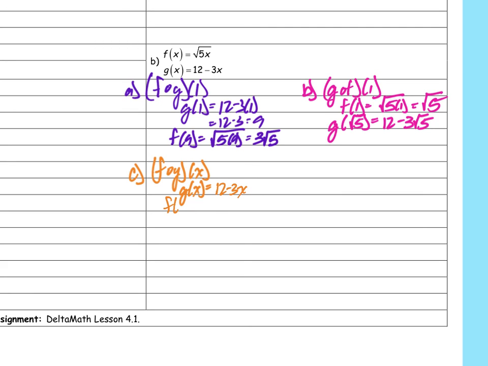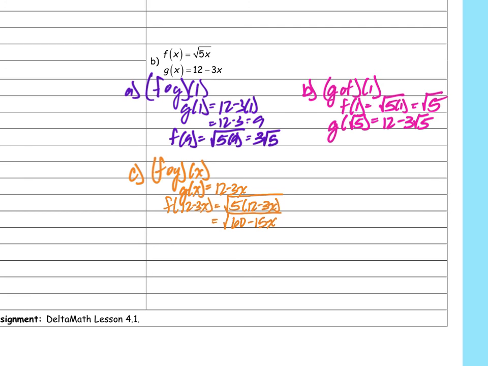And then I'm going to put that inside of f, so 12 minus 3x is going to be the square root of 5 times 12 minus 3x, which is going to simplify to the square root of 60 minus 15x. And that's it. I can't simplify it anymore.